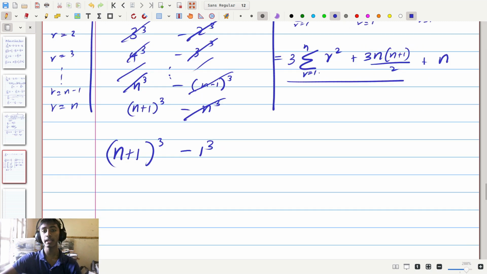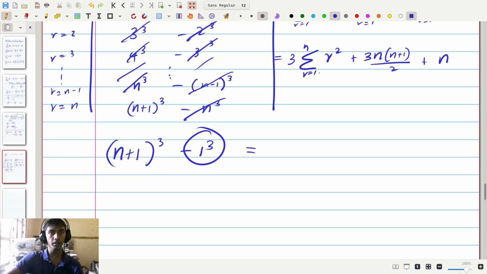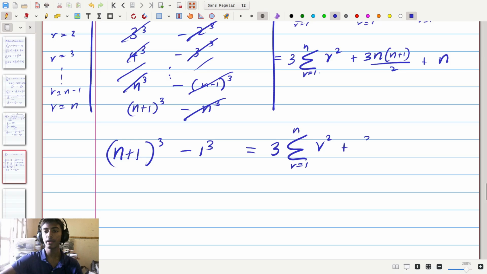So therefore, taking this equation down here, we can see that from this summation, the sum on the left hand side is evaluated to n plus 1 cubed minus 1 cubed, and on the right side we have 3 times the sum from r equals 1 up to n of r squared plus this bit 3 times n plus 1.